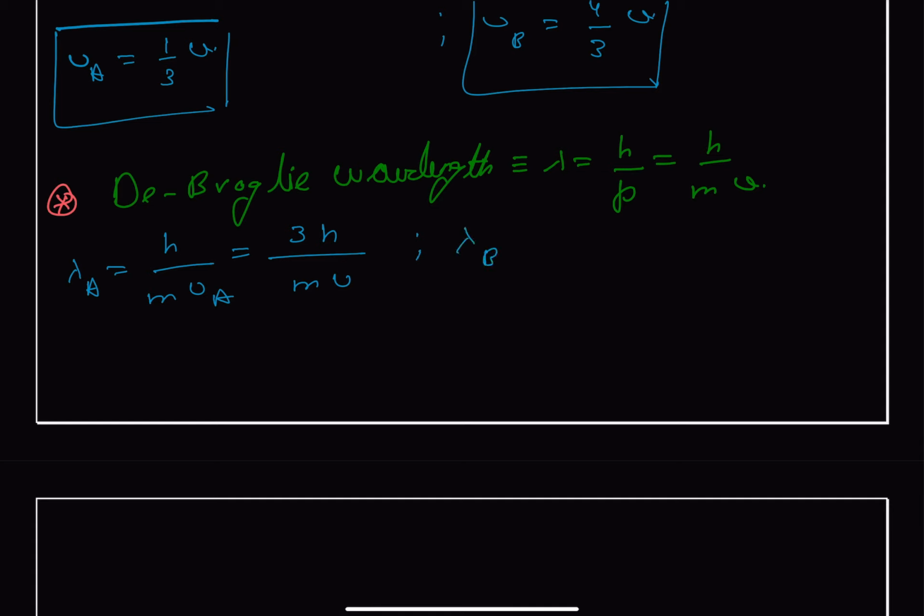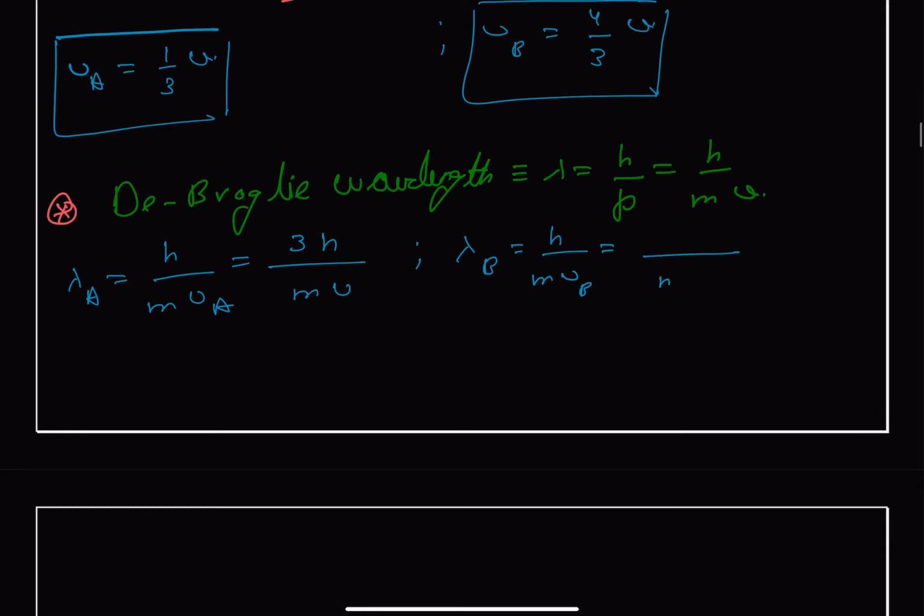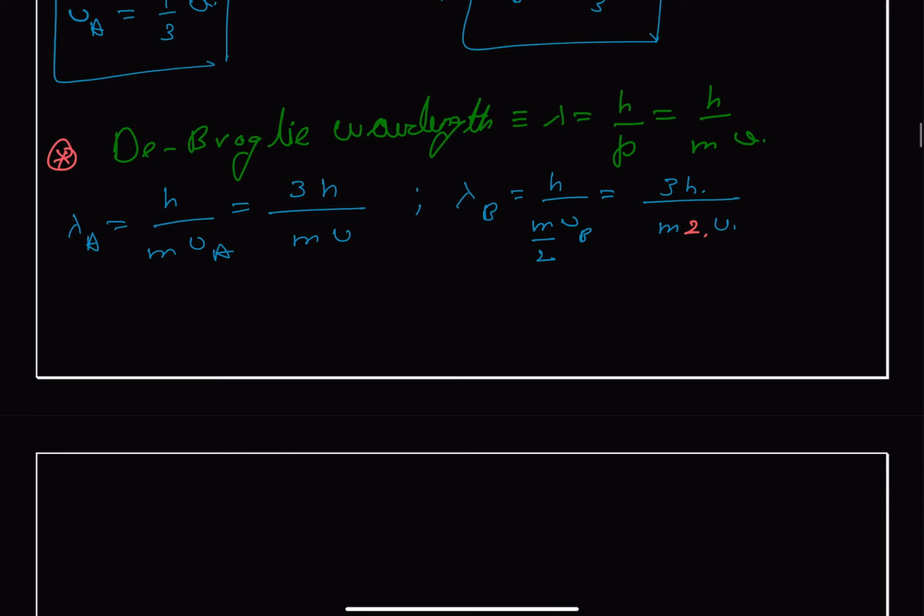Similarly, lambda B is equal to h upon m VB. This gives us 3h upon m times 4v, and the mass is m by 2, so this comes as 3h upon 2mv. And we need to find the ratio.